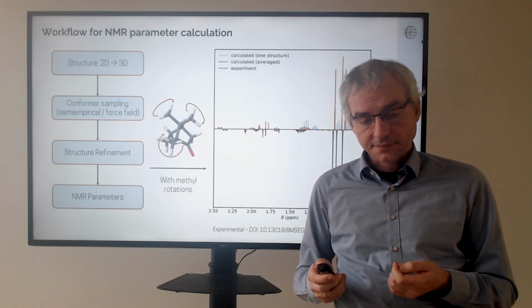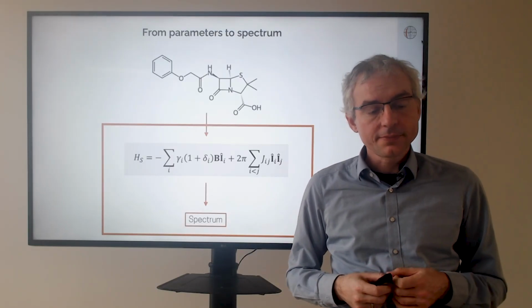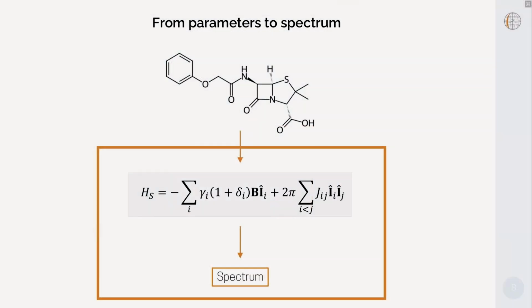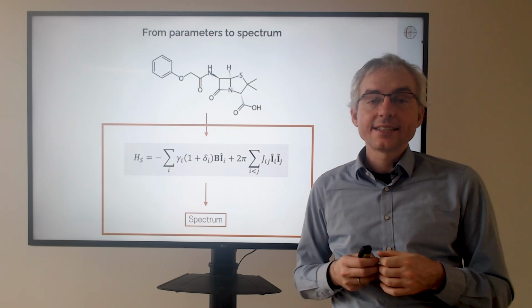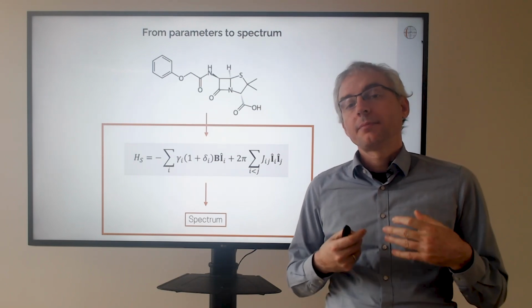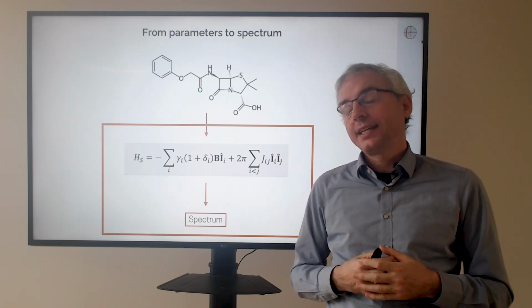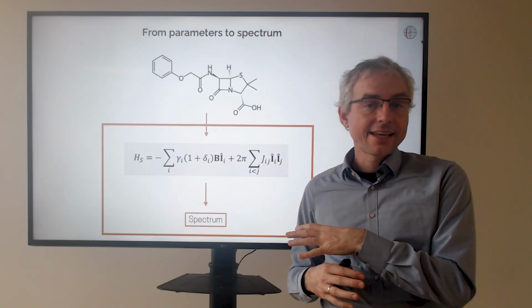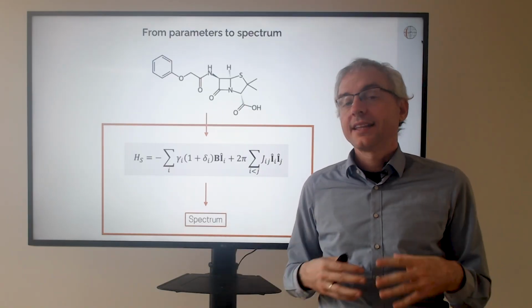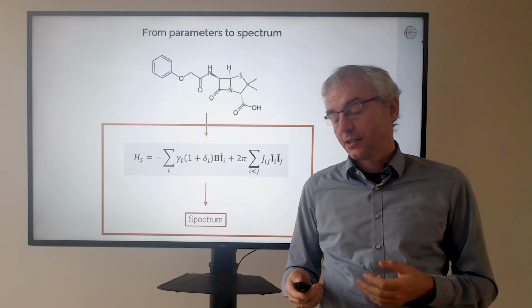Now, you see here already the spectrum. This we get from taking these NMR parameters, writing them down in a Hamiltonian, and then calculating the spectrum from this. As you might know, this can be a very hard problem, because in principle, if you really try to calculate the spectral function by taking the Hamiltonian for all spins, then this scales really, really badly.